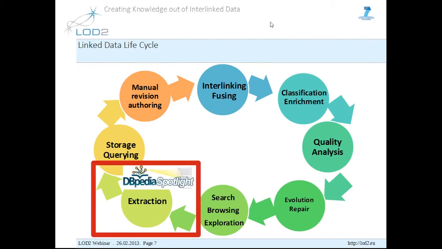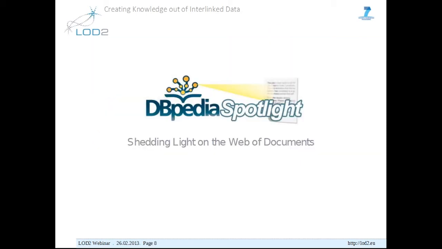DBpedia Spotlight is a tool that would fit mostly in the extraction step, although it can also support some of the other life cycle stages. We will focus on the extraction today.